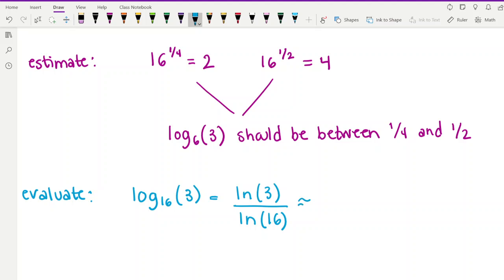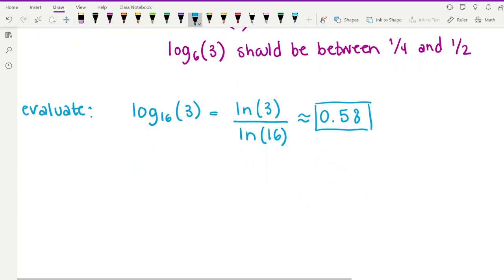And if you type this all into a calculator, you'll get approximately 0.58. And again, I would encourage you to try this with log as well, and you'll see that you get the same answer. And then I would also encourage you to try raising 16 to that power. And what you should find is that you approximately get 3, because that's how logarithms work.